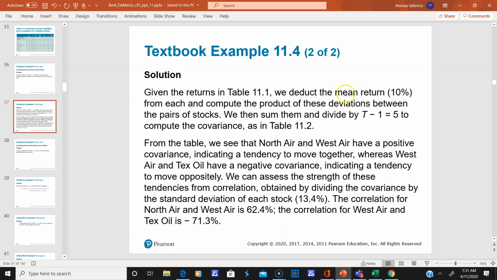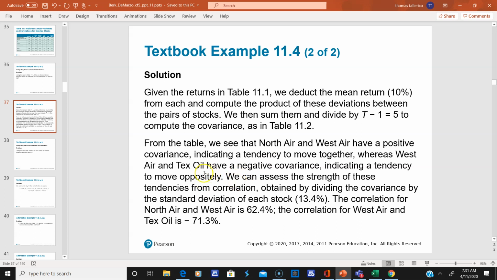We subtract the mean return from each and compute the product of these deviations between the pairs of stocks. We then sum them and divide by T minus 1. It was 6 years, but we subtract 1, and that's 5, to compute the covariance as in table 11.2.